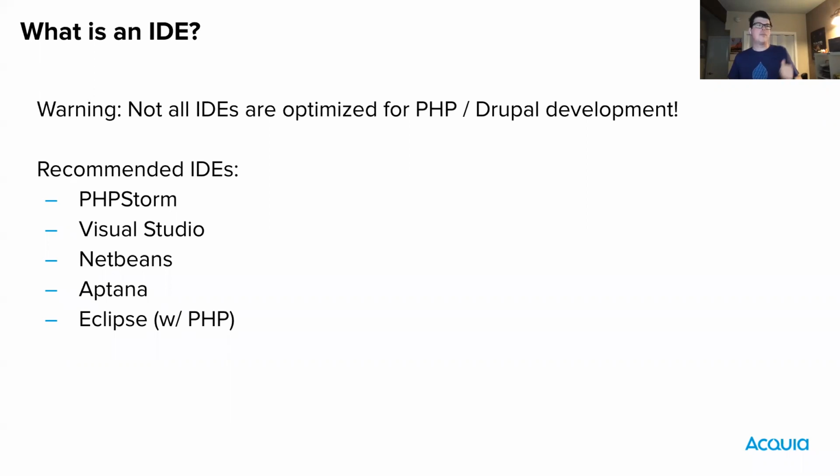We should all be using the same virtual environment. We shouldn't have half the team using Drupal VM and half the team using Lando, right? Whichever one we use is great. They're both awesome choices, but we shouldn't split up. We should all be using the same thing. Very much the same with an IDE. If 4 out of 5 people on your team are using PHP Storm, ideally all 5 of you would be using the same thing.